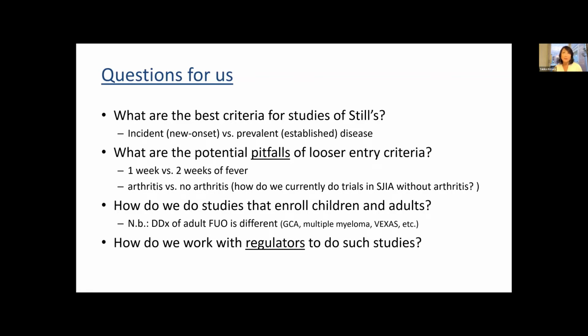Because I think that the consensus was that people felt that it was important that there was a demonstration that this indeed was systemic JIA and not some other process.